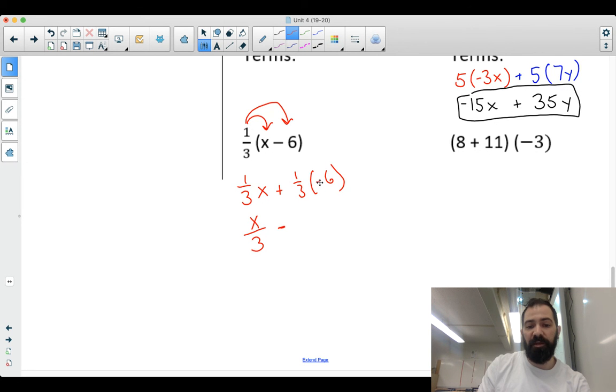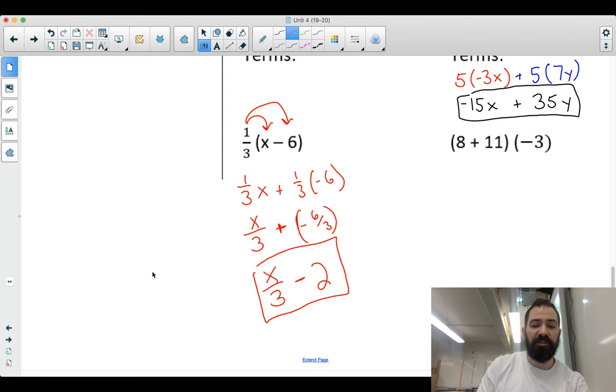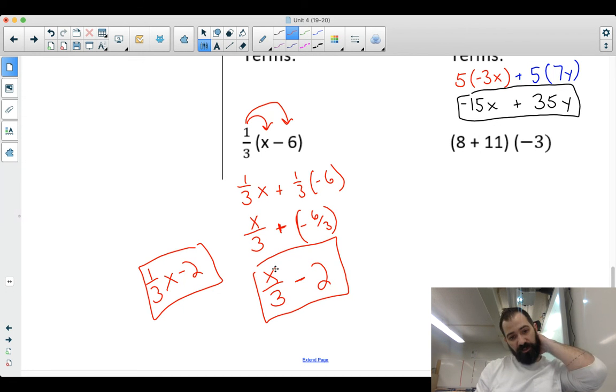Plus negative 6 over 3. Then we simplify. We get x over 3 minus, because plus a negative is just minus, and 6 divided by 3 is 2. You could also write this as 1/3 x minus 2. Both are okay, both the same answer. I just like to write it this way.